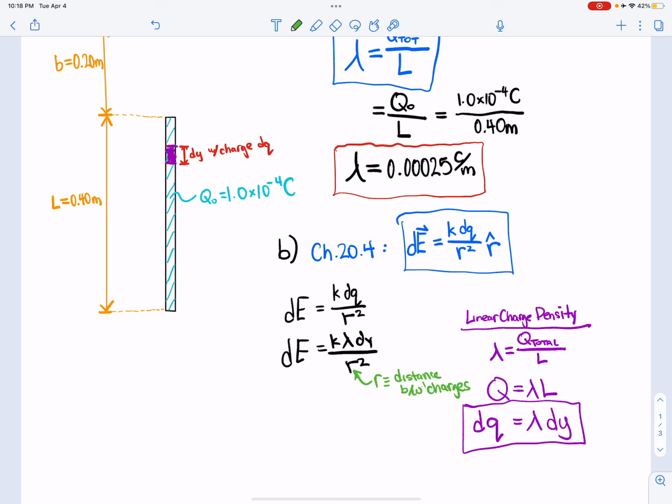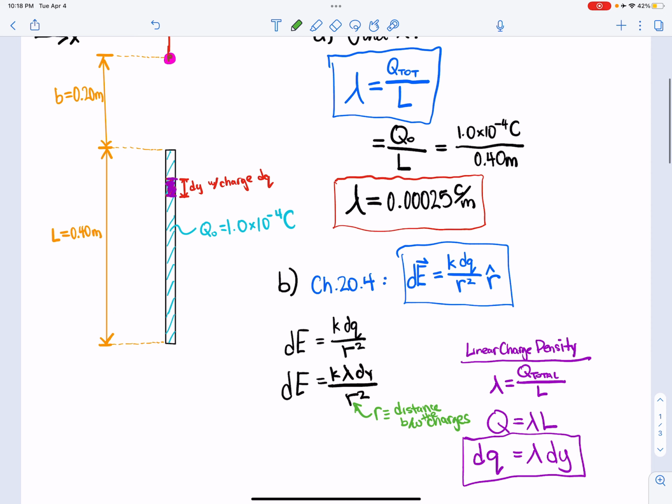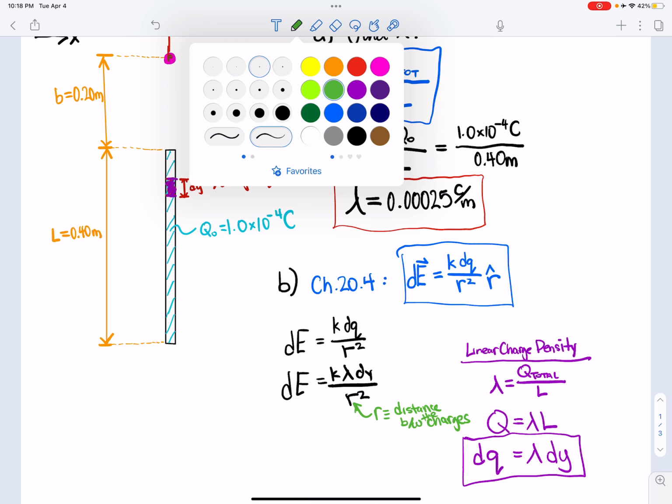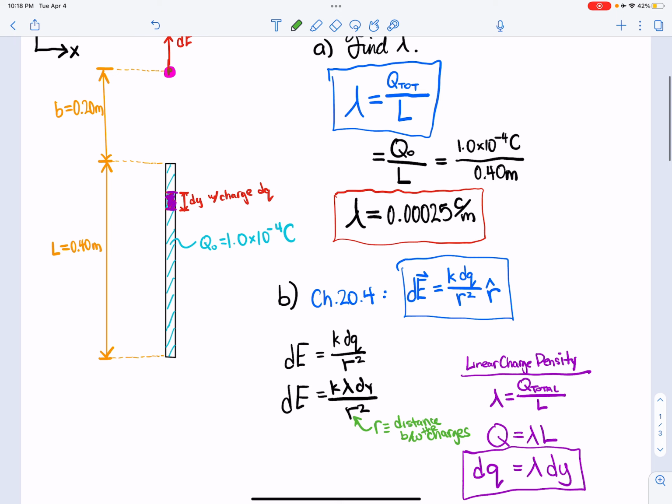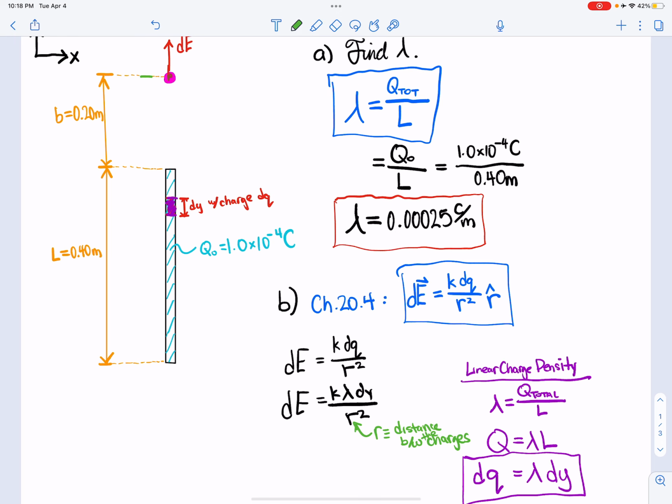Distance between the charges. Okay, so what do I mean by that? That means I'm talking about the distance from here, from P, all the way until this distance.